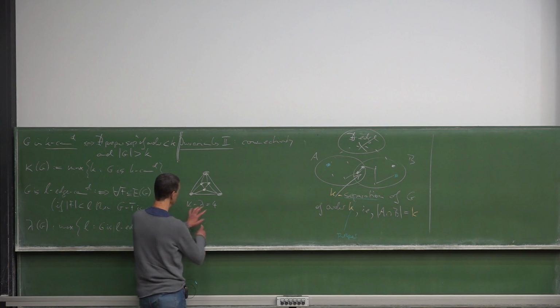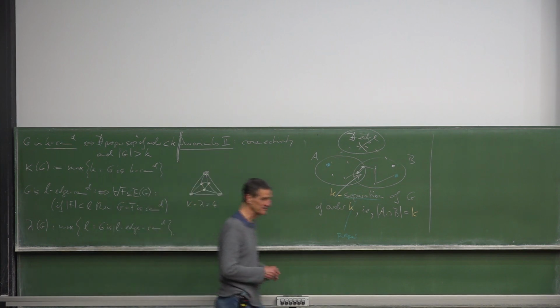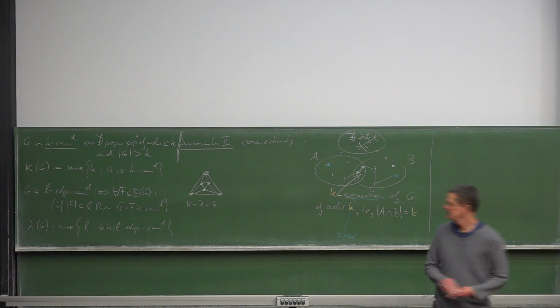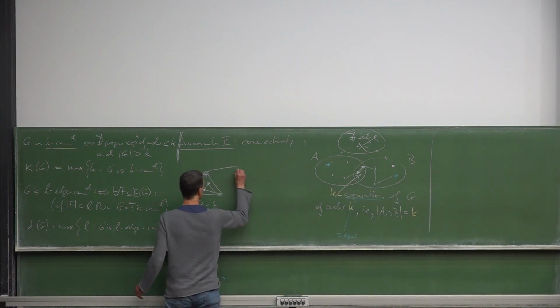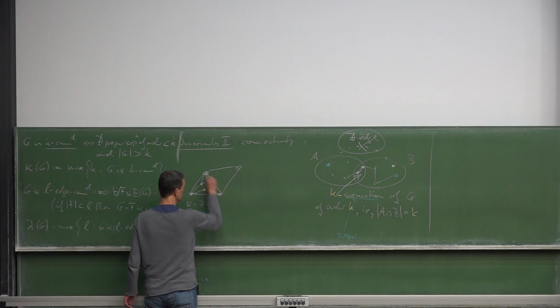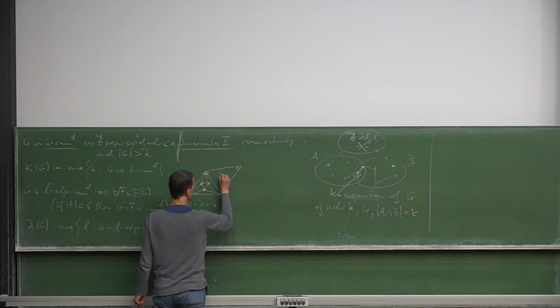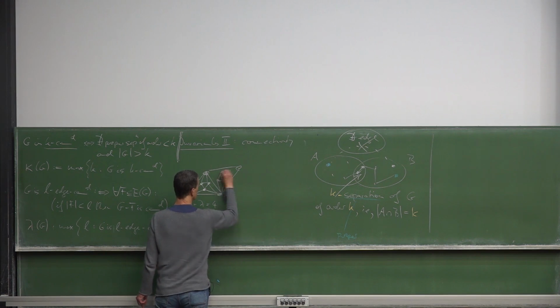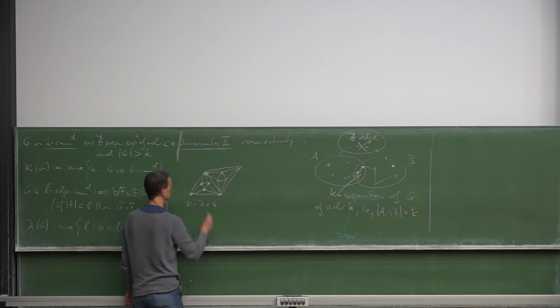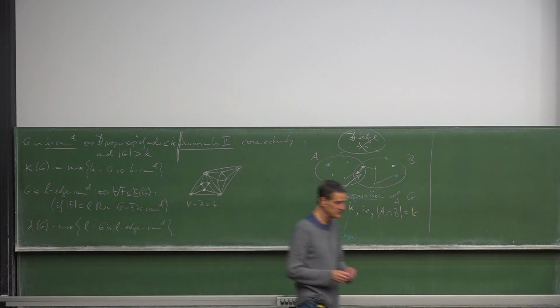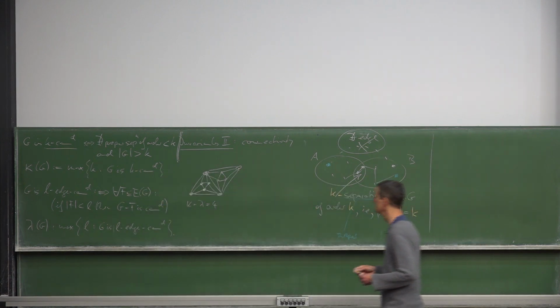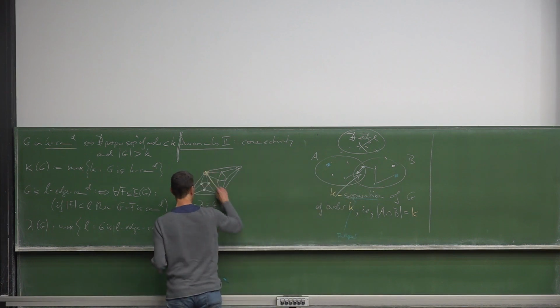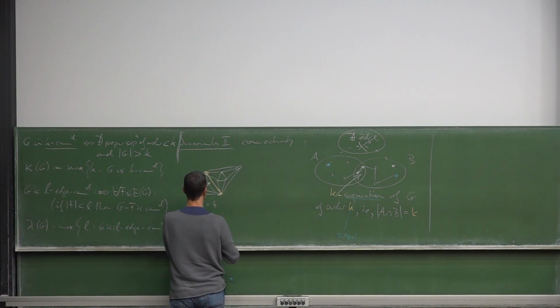Okay, so, right, now let's take another copy of the octahedron. I'm going to use the same. So here, we're sharing these 2 vertices. Then this graph is still edge connected.